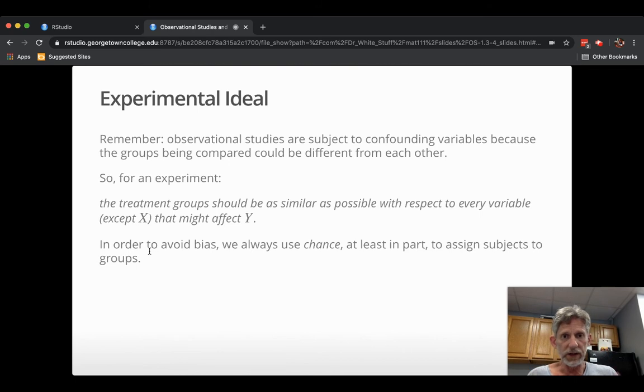Now, observational studies are subject to confounding variables because the groups in the study can be different from each other in a way that is relevant to the response variable, but is not just the difference in the explanatory variable. So think about the example of the car color and whether or not you get a ticket.